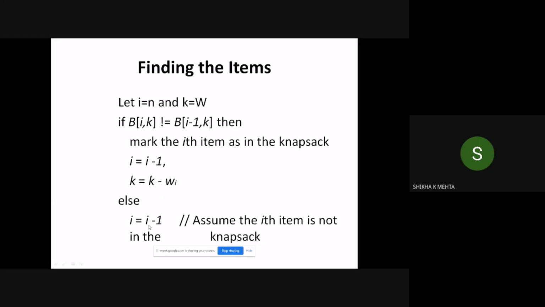Otherwise, we will just keep on decreasing the value of the row and keep on moving upwards, right? So that we are able to find out at what stage the items in the same column are different.